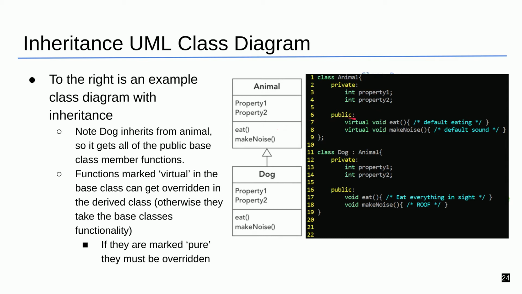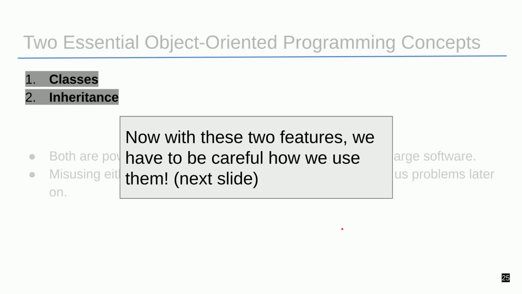C++ does this through the virtual keyword. So this class here, animal, is our interface. It's sort of an abstract class. It has some default functionality for what it means to eat or to make noise, but the dog will override this functionality because it re-implements those member functions.